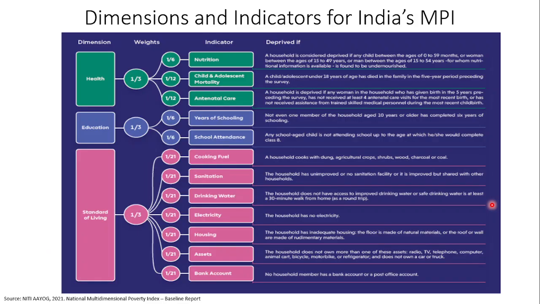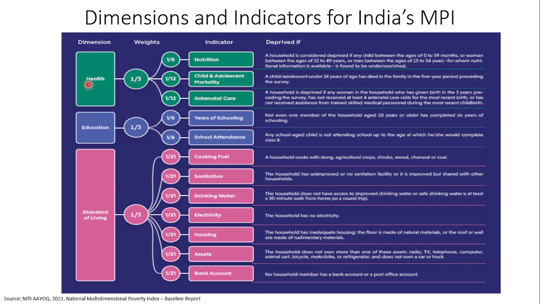So what are the dimensions? We talk about multidimensional, so we need to define what our dimensions are. India's multidimensional poverty index has three dimensions: health, education, and standard of living. These are the weights, that is, we are doing a weighted average. I'll just explain.